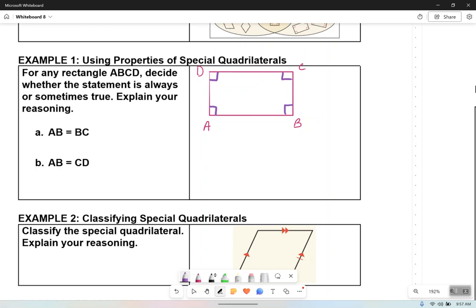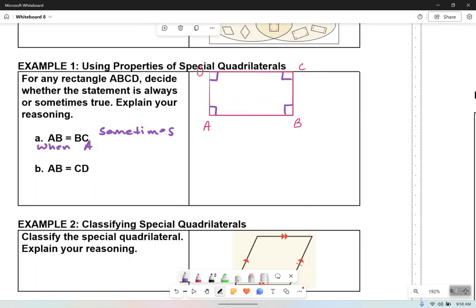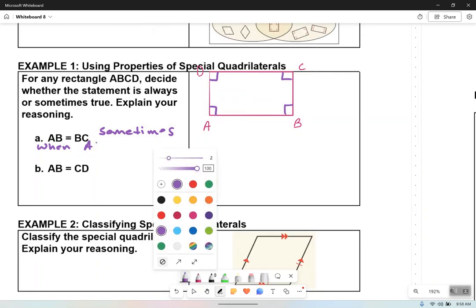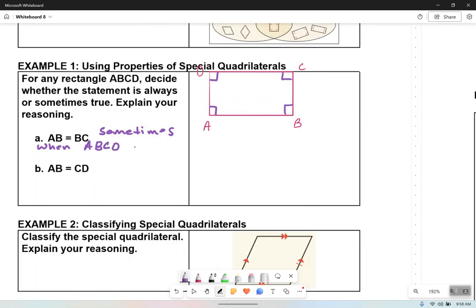Sometimes, but the sometimes for part A would be when ABCD is a what, kids? When ABCD is a square. Okay? All right. Take a look at the next one. It says AB is equal to what?